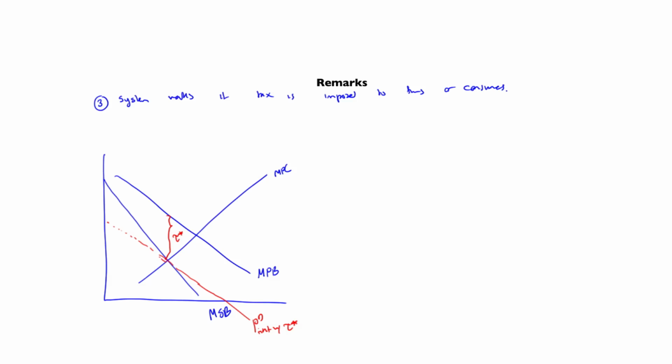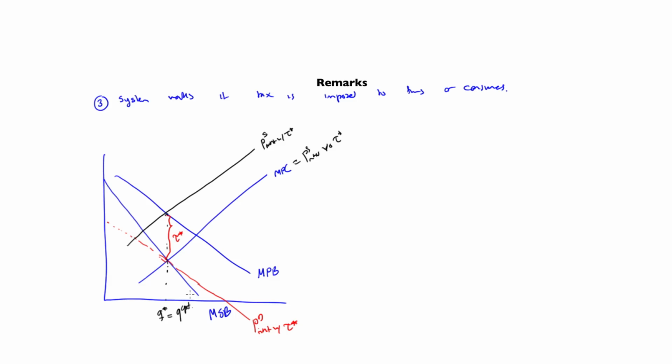Or we can achieve exactly the same thing by leaving the consumers alone, but imposing a tax on producers that shifts their supply curve in parallel up. So this will be the supply curve of the market with the tau star. This will be the supply curve in the market without tax. In both cases, we get that the equilibrium quantity is equal to the optimal amount.